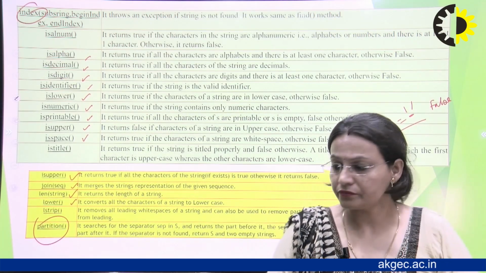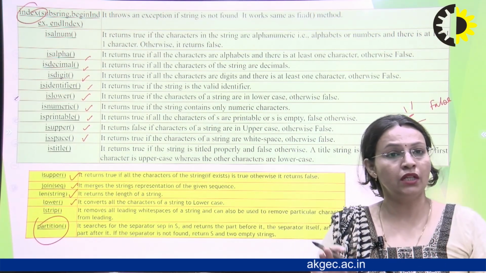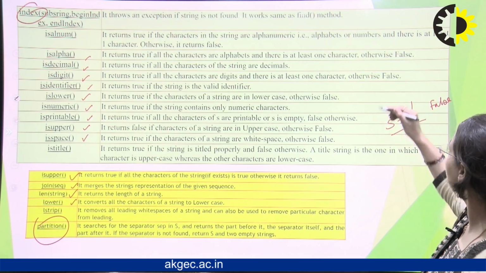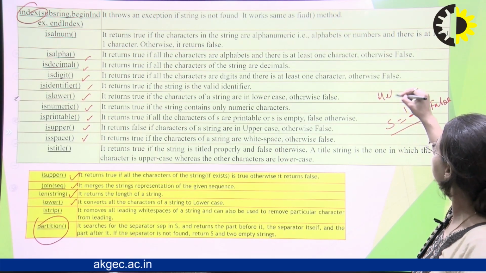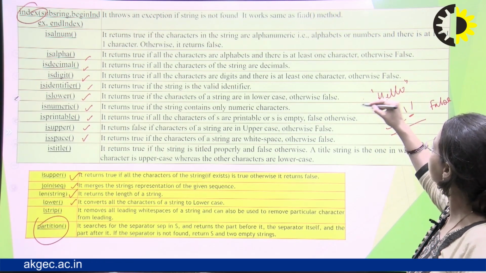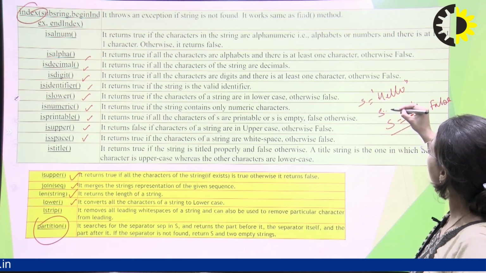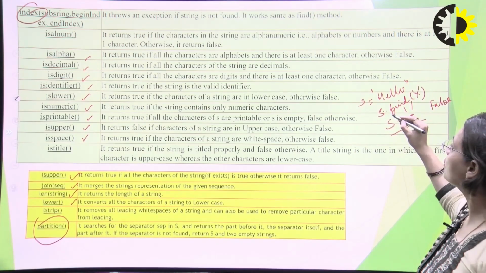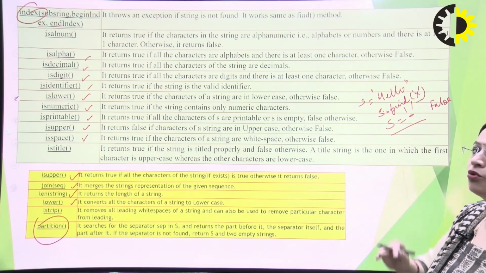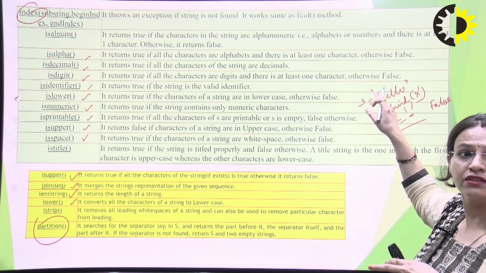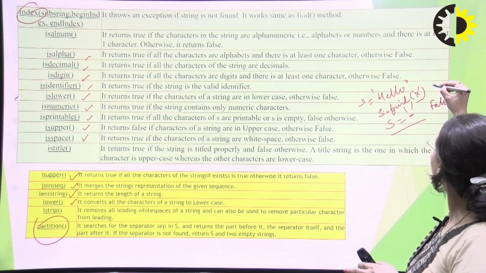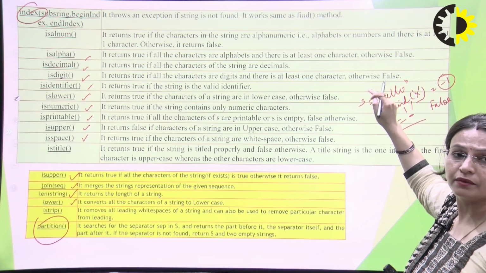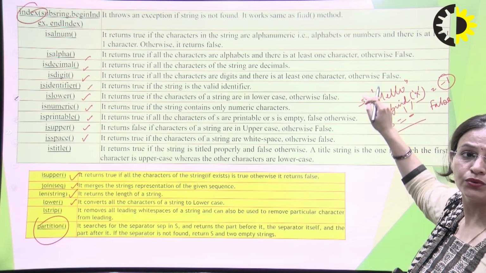That means if I say s is "hello" as a string, and I say s.find("x"), that means I want to find x in this string, so it will return me -1 because this substring never appears in this string.